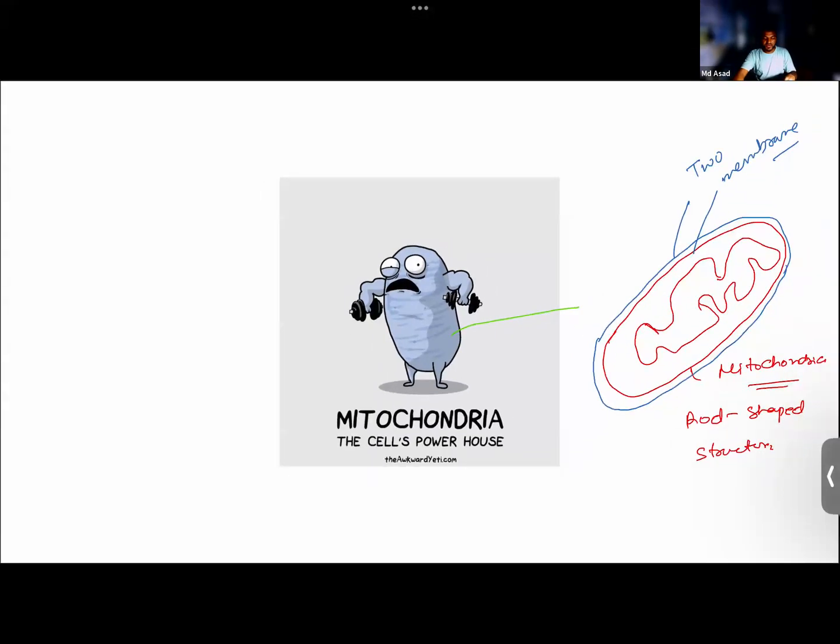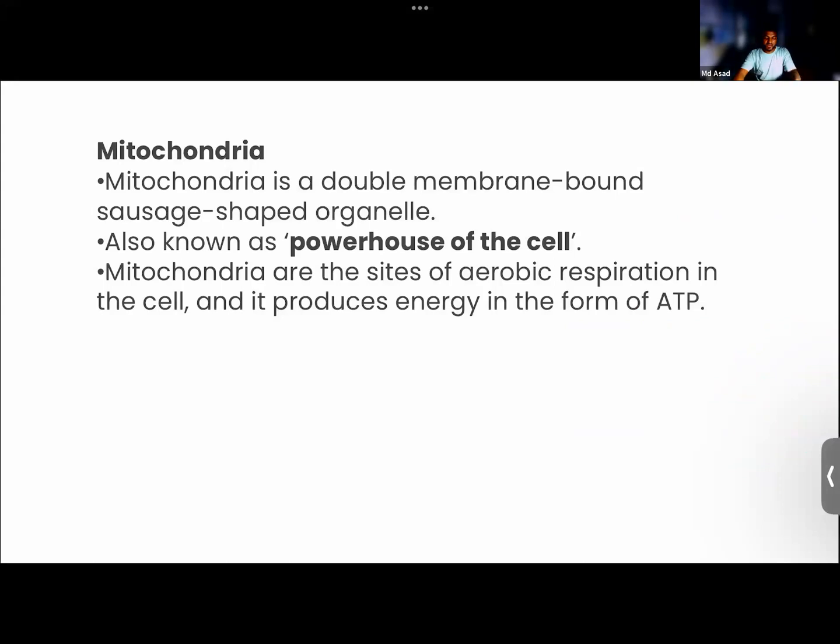Okay, now talking about the functions of mitochondria. What functions does it perform, and why is it called a powerhouse? Since it provides energy to the cell. And where does the cell get energy from? From which process does it get energy? From respiration. Cells also respire, right?